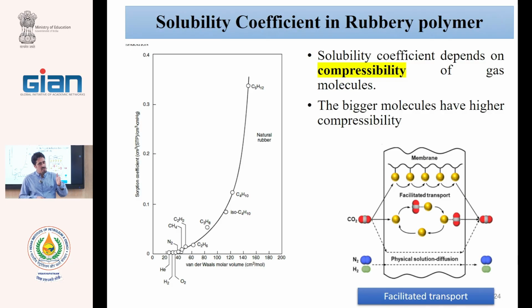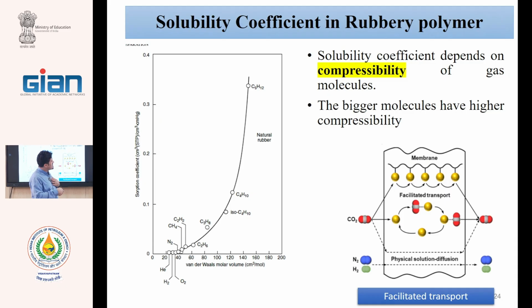That means with the addition of carbon to the molecular structure, the boiling point increases and the compressibility increases. When we have a pressure and a high compressibility, that means a high boiling point, in the membrane pores, in the membrane free volume, the gas can change to liquid and adsorb well.